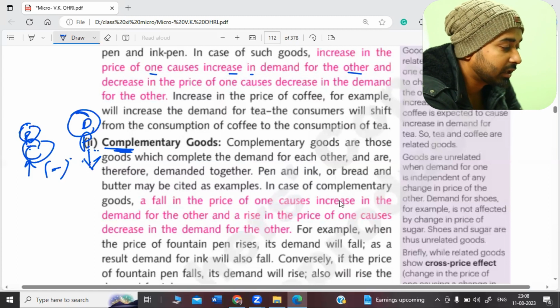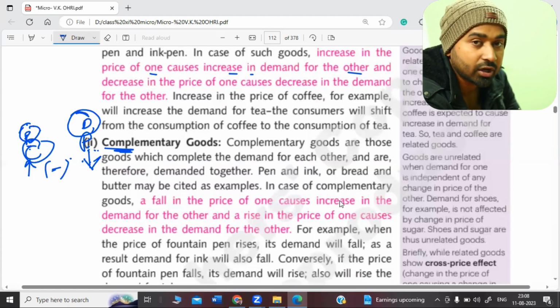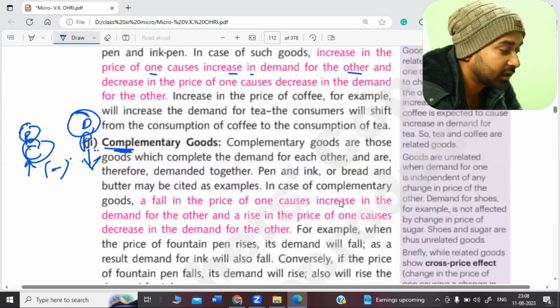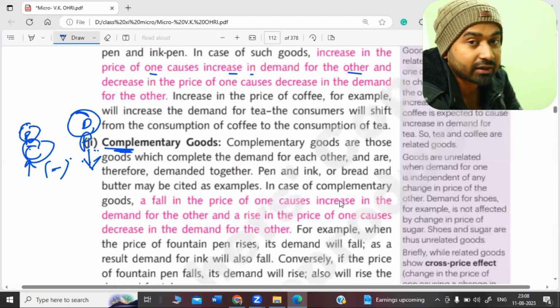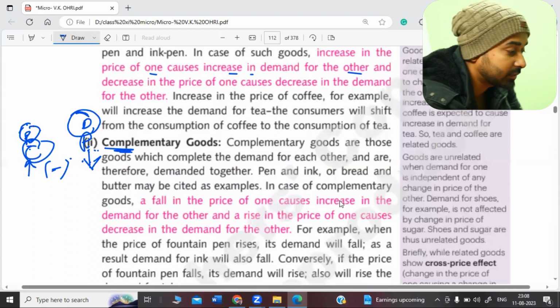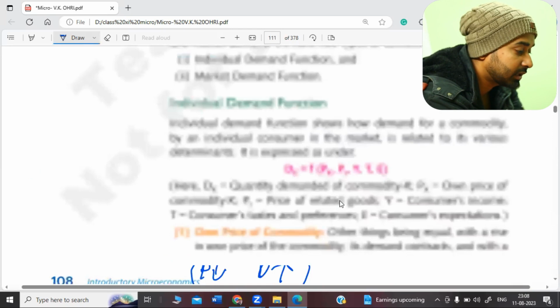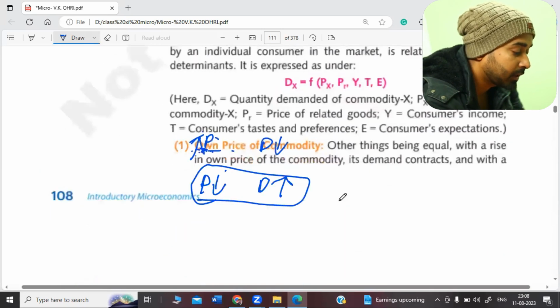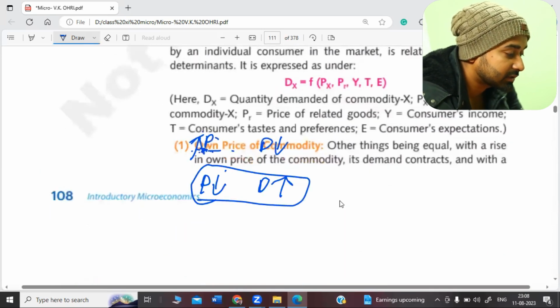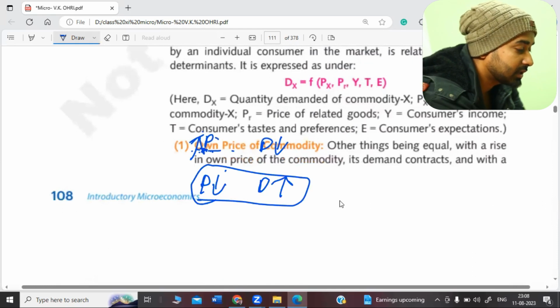Now in individual demand curve and individual demand determinants, only two things have a negative relation. First is the own price of the commodity. If you remember, price decreases, demand increases, or price increases, demand decreases.